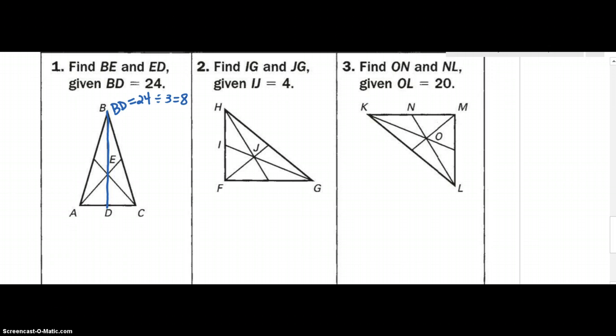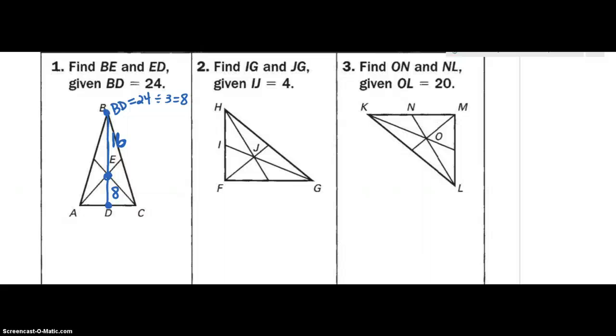That means the shorter piece of the median is 8, and the longer piece of the median is 16. Together, it verifies that 24 works. Questions on that one? Okay, try 2 and 3.